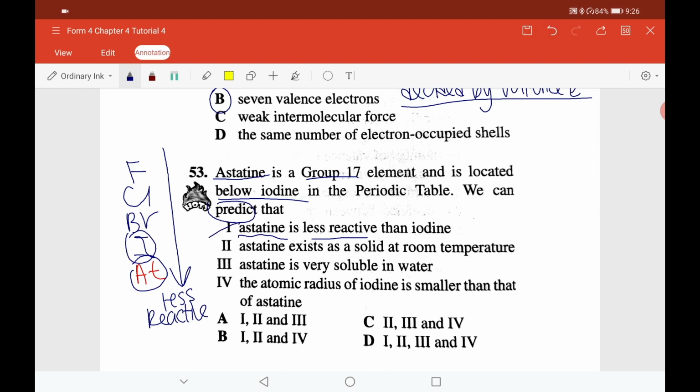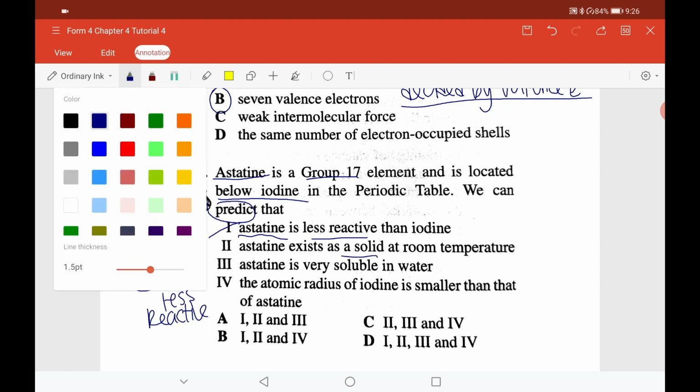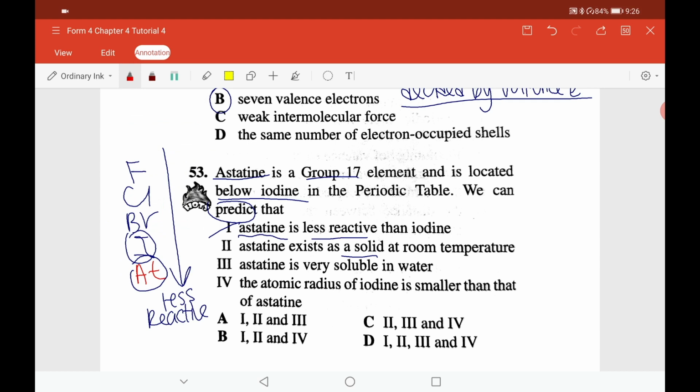Answer 2, astatine exists as a solid at room temperature. This is correct also. Why? Fluorine is a gas, chlorine is a gas, bromine is a liquid, iodine is a solid. So when iodine is already solid, astatine must be a solid already. So answer 2 is correct.